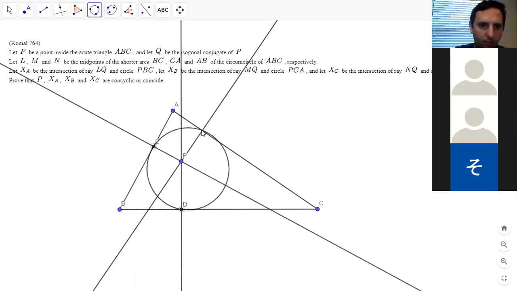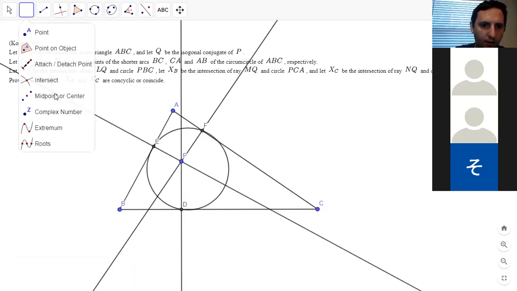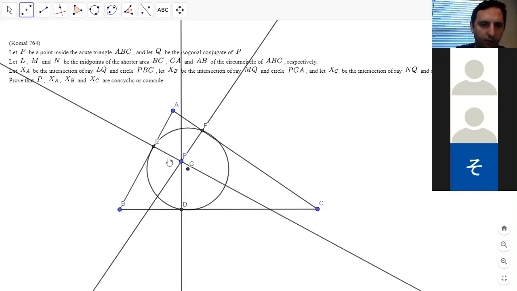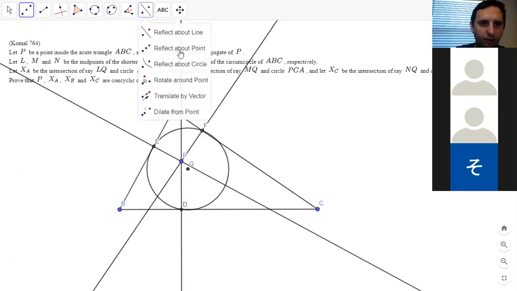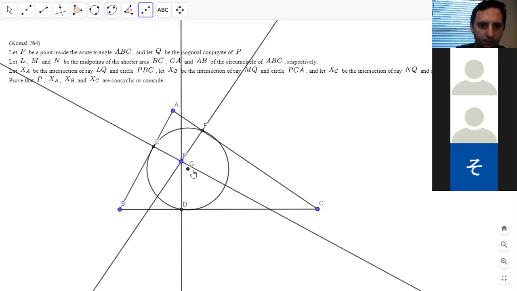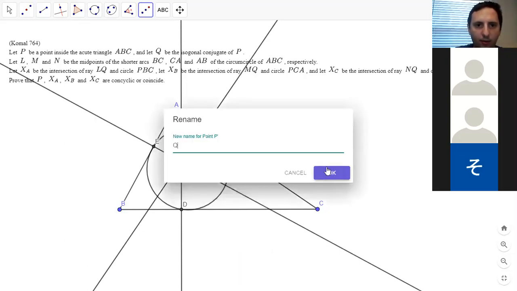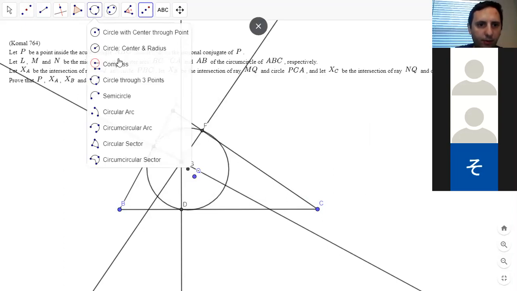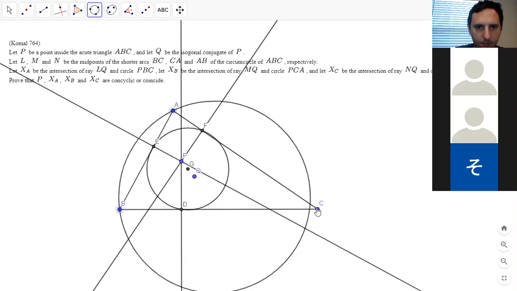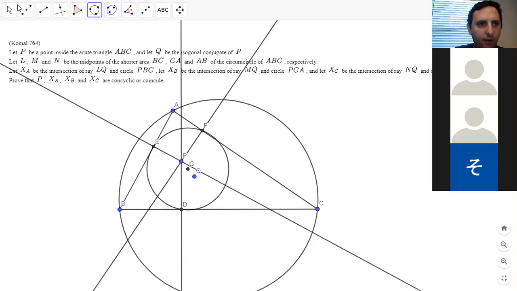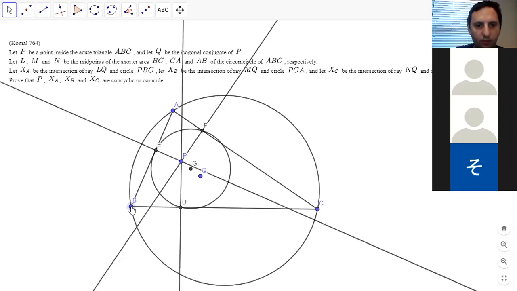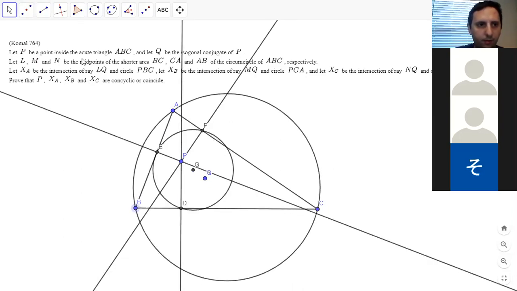So there's the pedal circle. And if I reflect P over G, then I should get the isogonal conjugate. So this is Q. And then I draw the circumcircle of ABC. And L, M, and N are the midpoints of those arcs. So it's probably worth drawing the incenter.